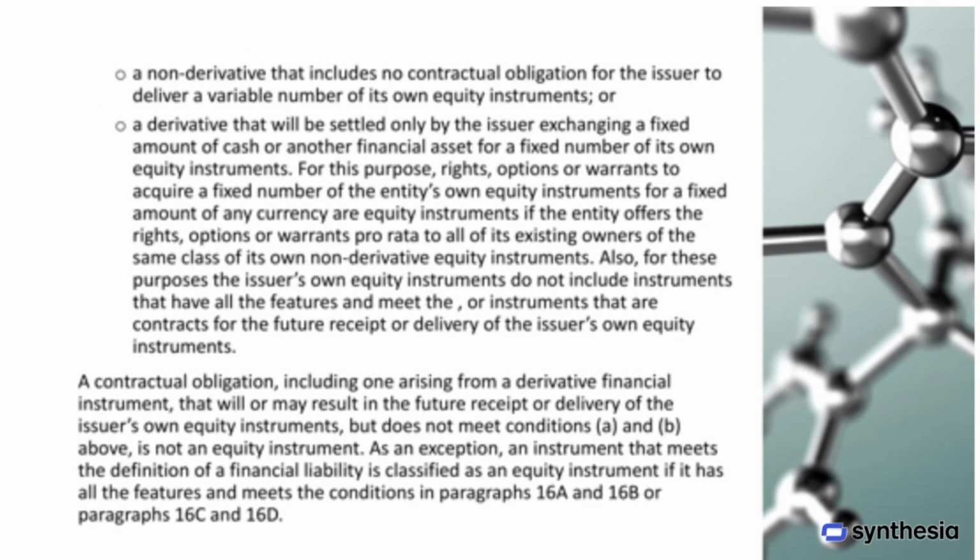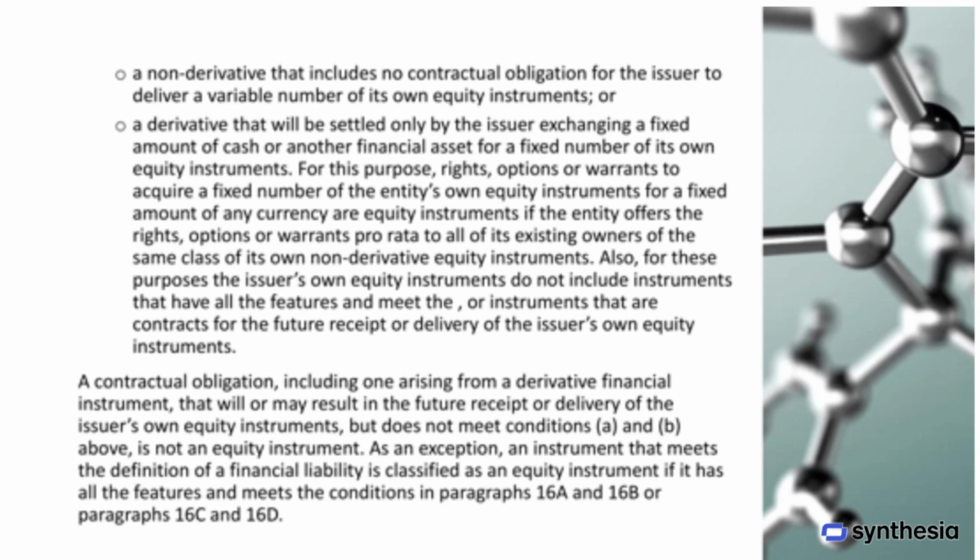An equity instrument can be a non-derivative that does not require the issuer to deliver a variable number of its own equity instruments, or a derivative that is settled only by exchanging a fixed amount of cash or another financial asset for a fixed number of the issuer's equity instruments. Rights, options, or warrants to acquire a fixed number of equity instruments for a fixed amount are also considered equity if they are offered proportionally to all existing owners of the same class.